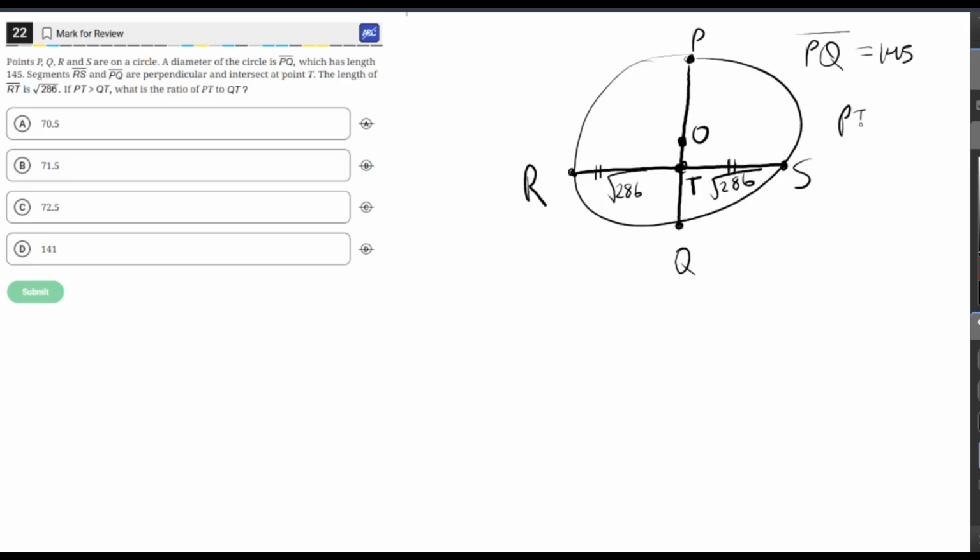PT is equal to the radius. We know that the diameter is 145, so the radius is the diameter divided by 2, 72.5. So it's going to be 72.5 plus this OT. And then we have that QT is the radius, 72.5, minus OT.